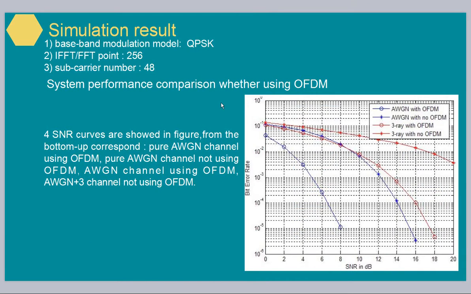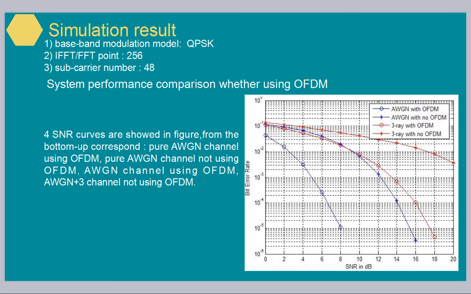And here's the result. The baseband modulation model is QPSK, and the point of FFT and IFFT is 256. The subcarrier number is 48. So this is the performance comparison of whether using OFDM. Four SNR curves are shown in the figure.